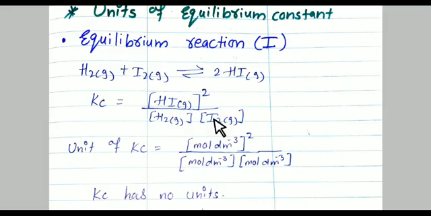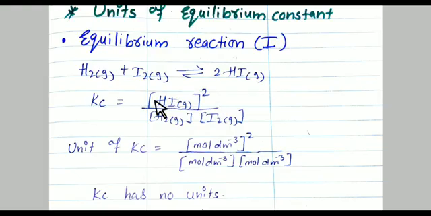As is clearly seen from the reaction, all the substances are in the gaseous phase. Means we are using gas in this reaction, so it is a homogeneous reaction. When we are taking the concentration, the unit of concentration is mole per decimeter cube.